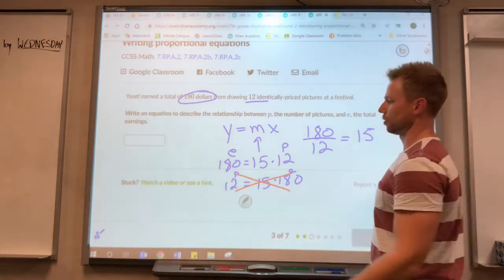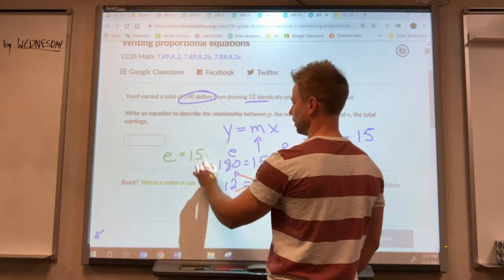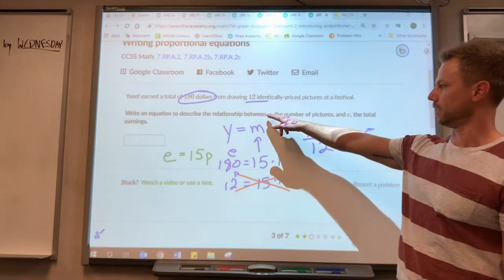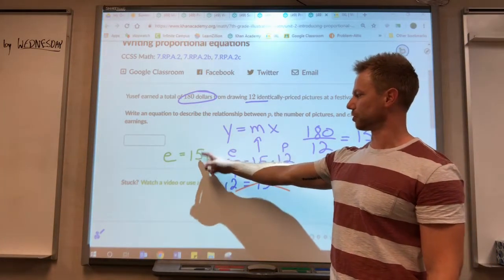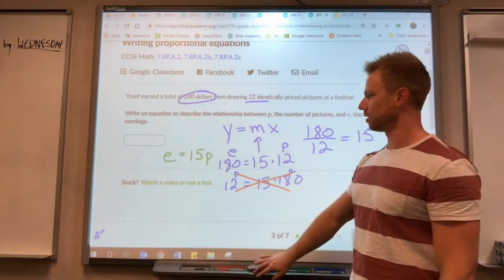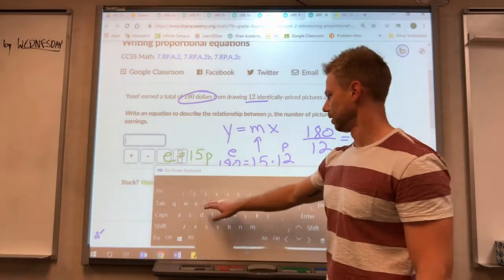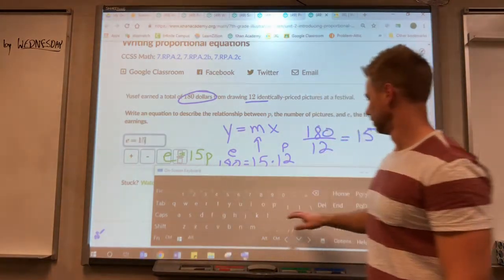So our equation is E equals 15P. We're going to take the number of pictures, P, times 15, how much we got paid for each picture, and that's going to give us E, our total earnings over there. So we put that in, E equals 15P.